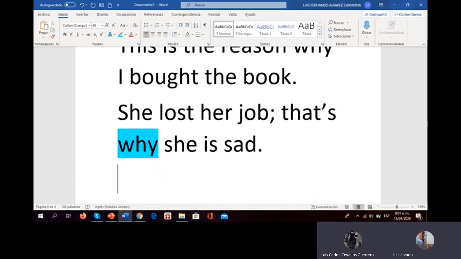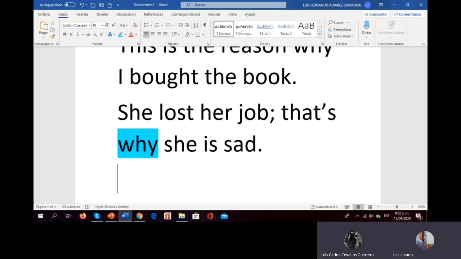Another example. Okay, he plays guitar while he loves rock music. Let's do it again. What do you say?